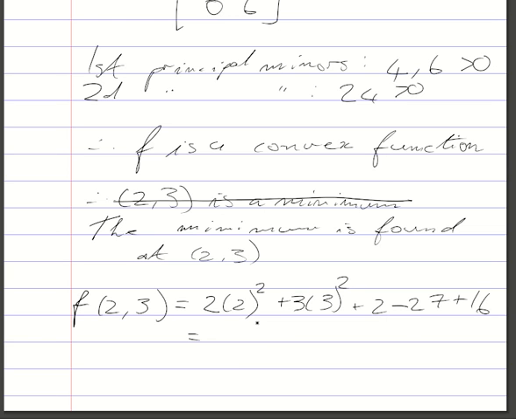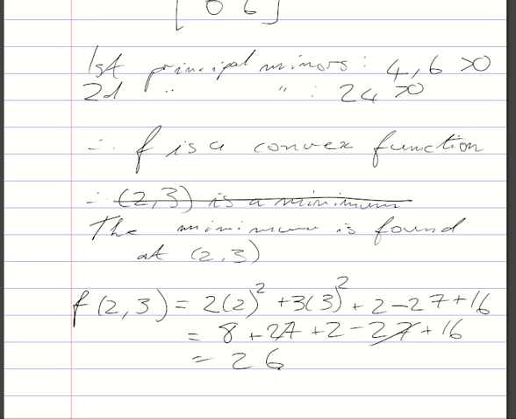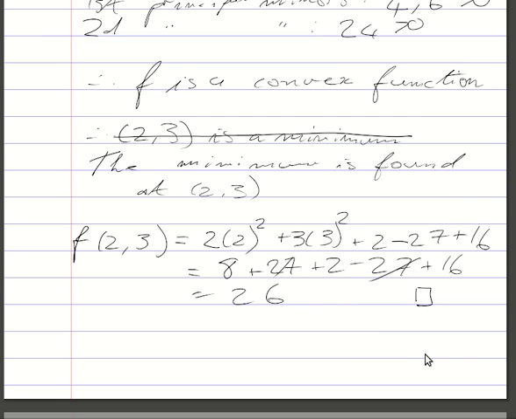So here we have, let's see, that's 8 plus 27 plus 2 minus 27 plus 16. The 27s cancel out, so we have 10 plus 16, and we have a minimum value of 26. And that answers the question in full.